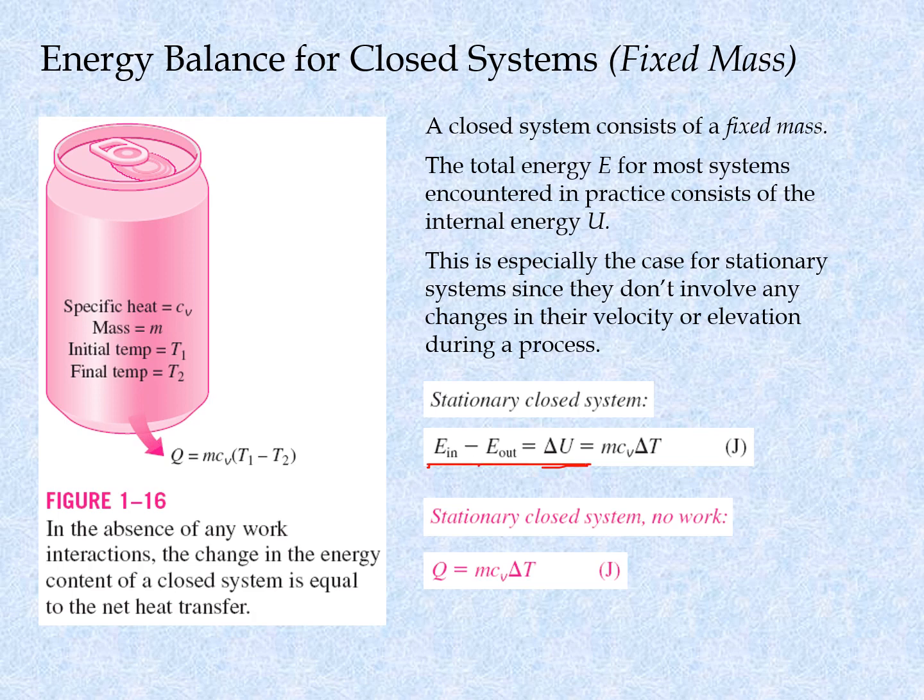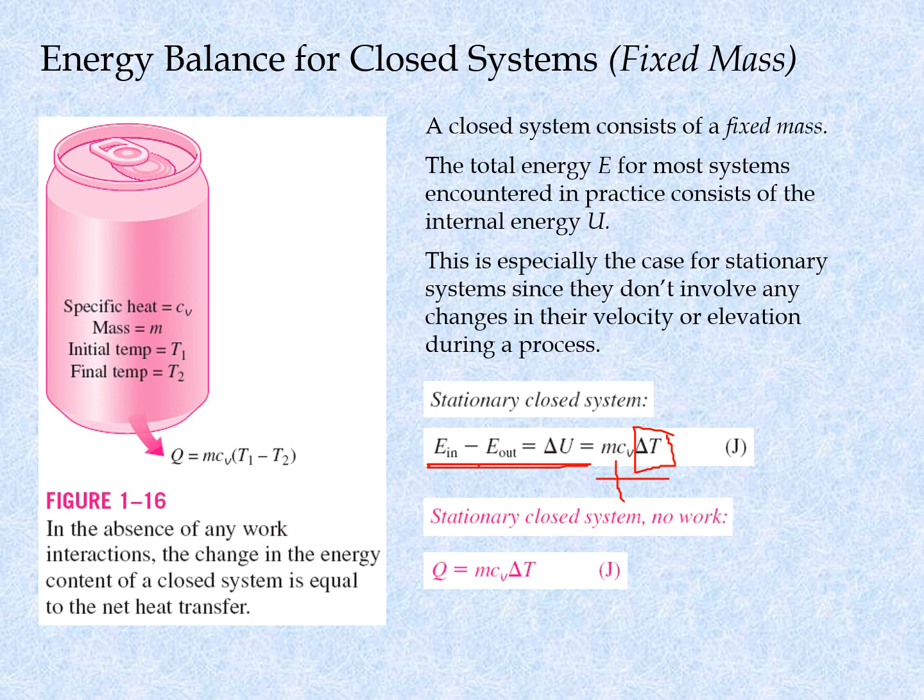And we can calculate this by using this equation, which is mCv, sorry, where Cv is the sensible specific heat of the constant volume process, and delta T is the temperature difference. M is the mass of the system. So for a stationary closed system there is no work because the system is closed.